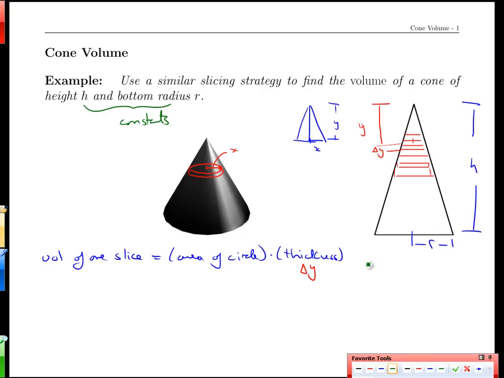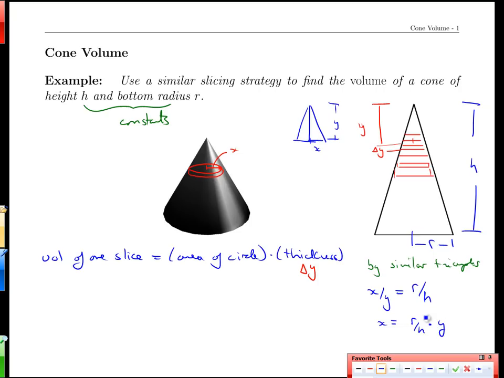So by similar triangles, we really want to know the radius of our slice, so the ratio of x to y is going to equal the ratio of r to h. And if that's the case, then x is simply r over h times y.